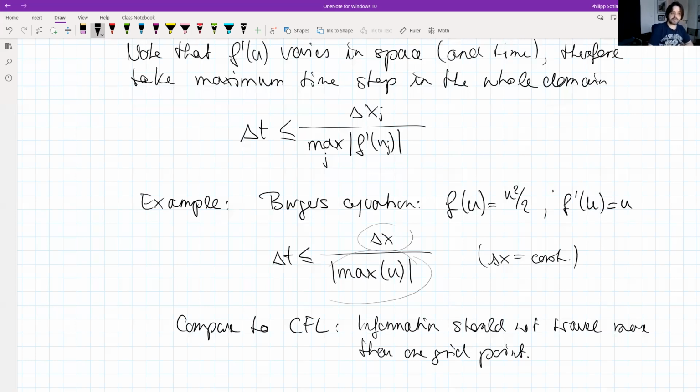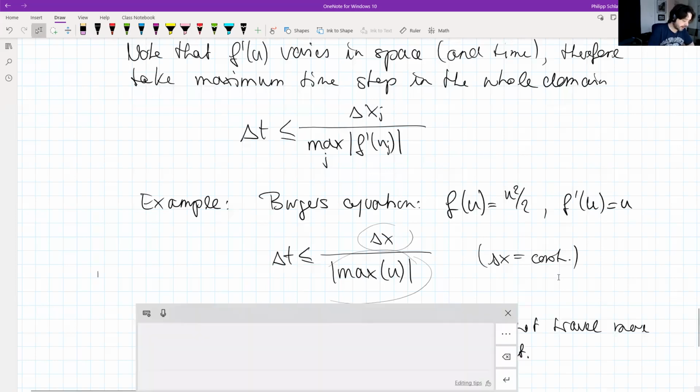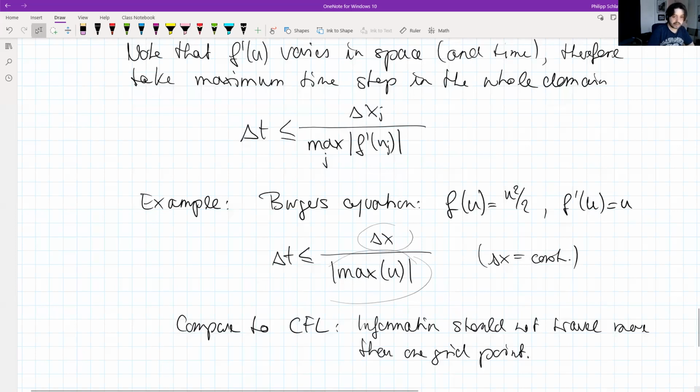Okay, so this was nonlinear stability. As I mentioned a few times, it's actually not a very fancy thing. It's just doing linearization. That's as much as we can do.